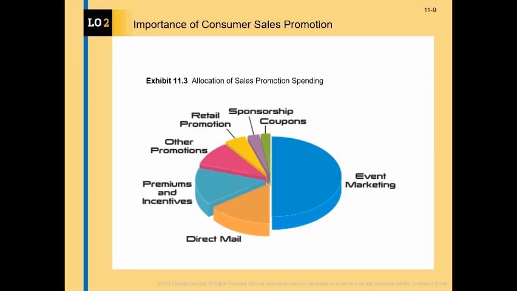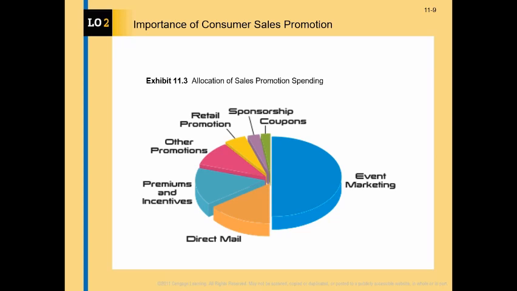But Singles Day started not long ago. Certainly the Black Friday and Cyber Monday tradition has been longer, but the Singles Day growth has been amazing. Here we see exhibit 11.3 about the allocation of sales promotion spending. Of course, about half of it, clearly the majority, is marketing expenditures in events.